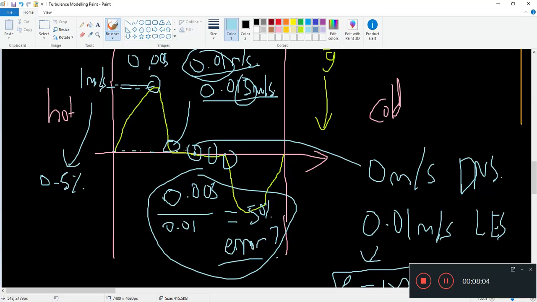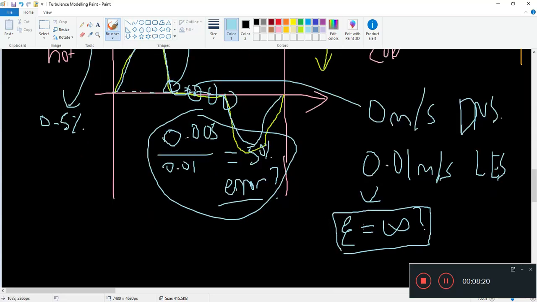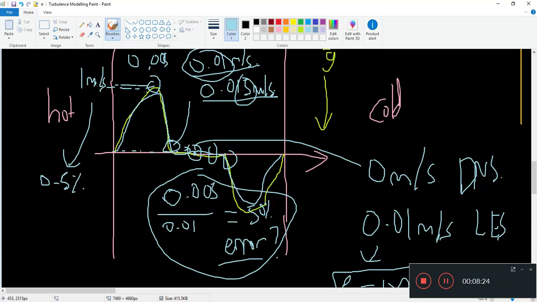But in fact, if you have your LES curve, something like this, and you have more or less the same trend line, but just because the data point is so close to here, your error goes to infinity. Is that representative of how inaccurate the LES simulation is for this purpose?